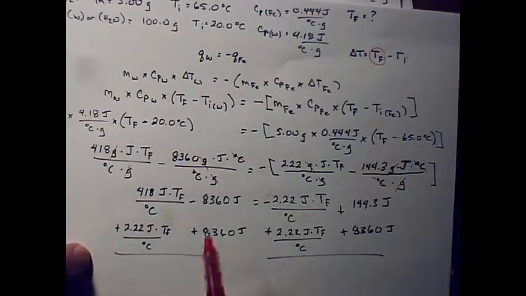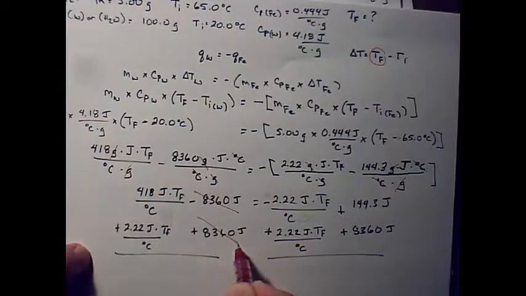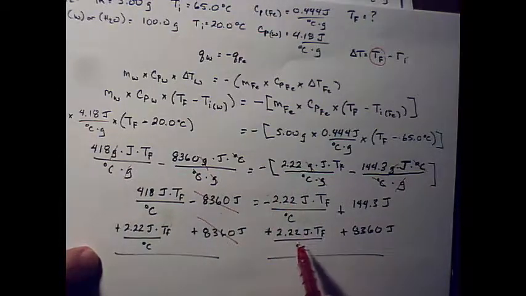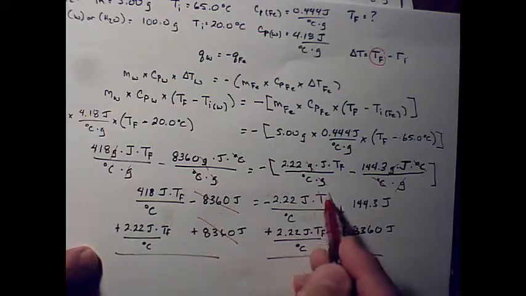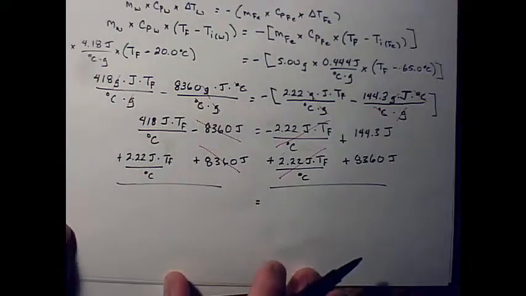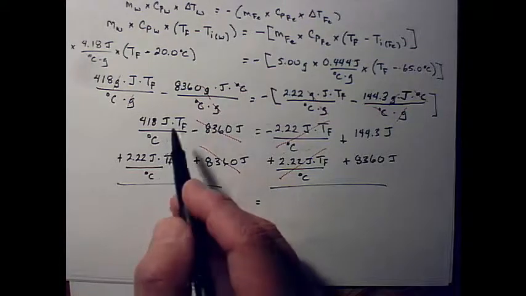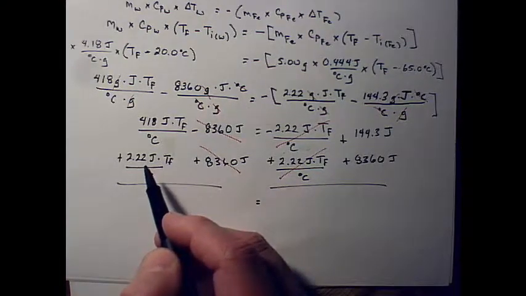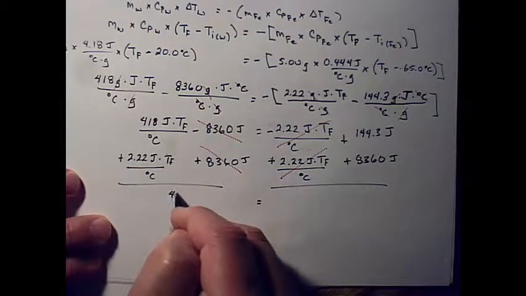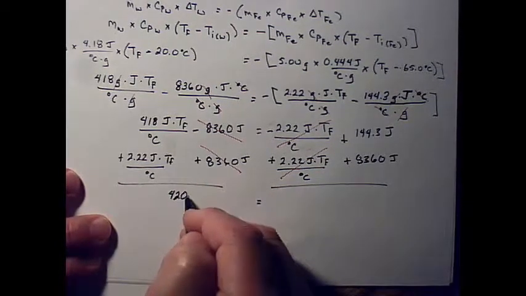Then, when I take this negative number and this positive number that are the same, they pretty much go away on this side. And when I take this negative term here, it's the same as this term except that it's positive. This goes away on this side. And so when I add these two terms together, I get 420.22.